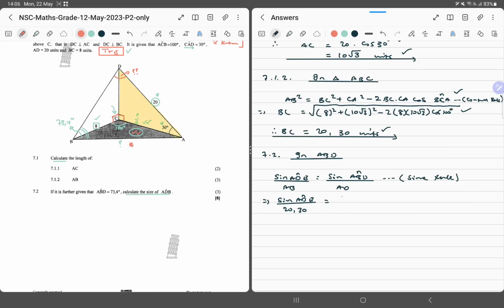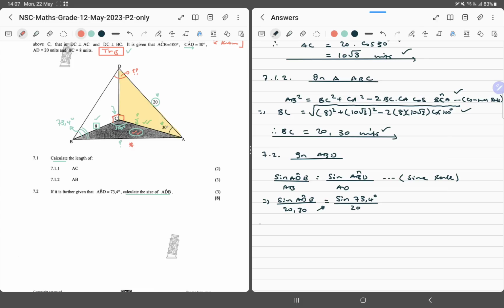Then sine ABD, where ABD is 74, sine 73,4 degrees over AD, which we were told is 20. So here you just cross multiply and you take the sine.